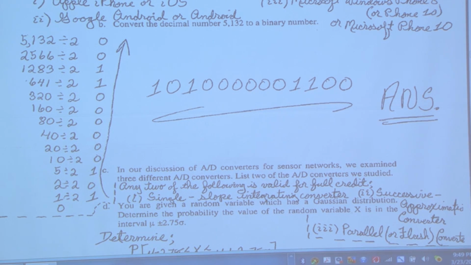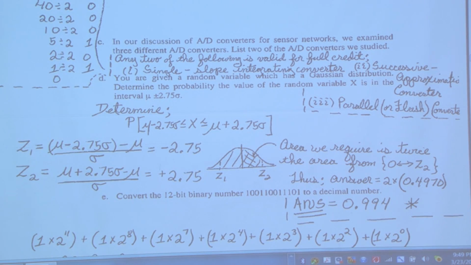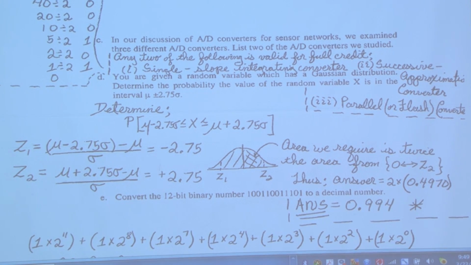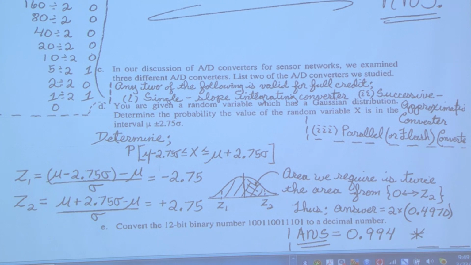Okay. This is just short answer questions. Some of this is just memorization. There's not really much I could say here. Part C says 3 different A to D converters. Tell me 2 of them. That's in the notes. You're going to get that. That's fine. I'm up to part D. It's another Gaussian distribution.